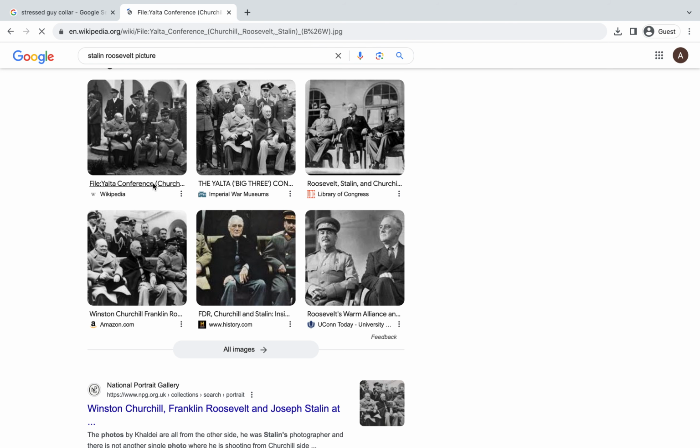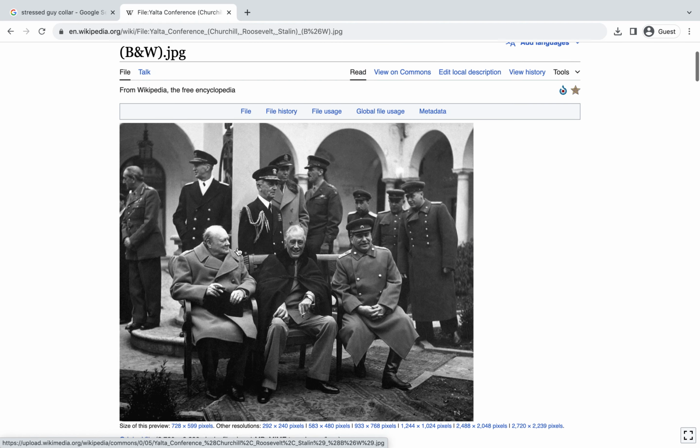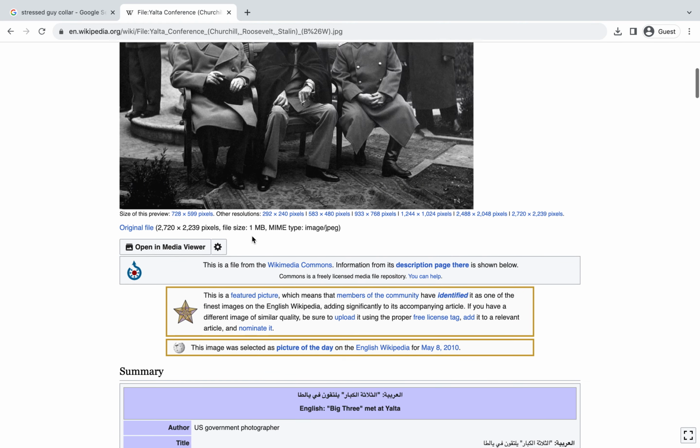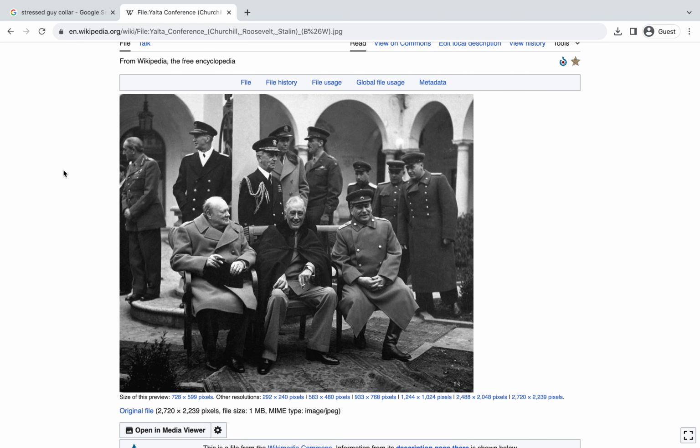So this is at the Yalta Conference, this picture you're looking at right here. Doesn't matter where Yalta is, it just matters that this is roughly around the end of World War II. This guy right here is Franklin Delano Roosevelt, U.S. President. This guy here is Winston Churchill, British Prime Minister.